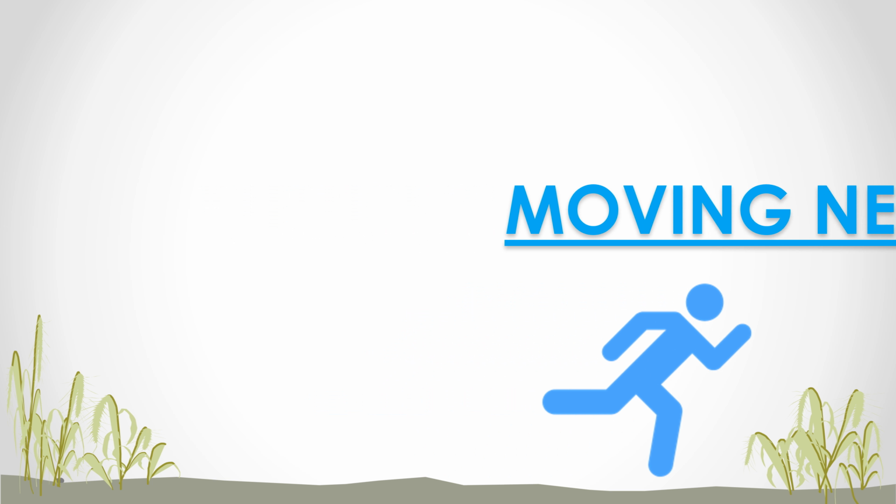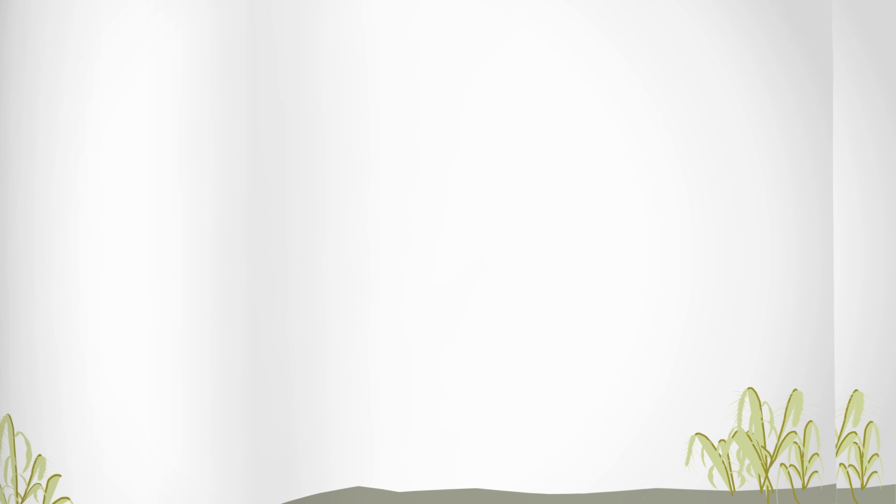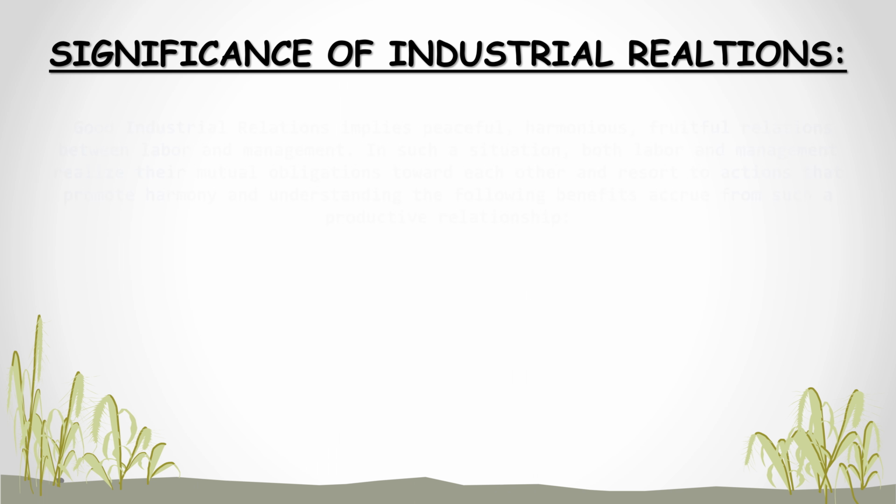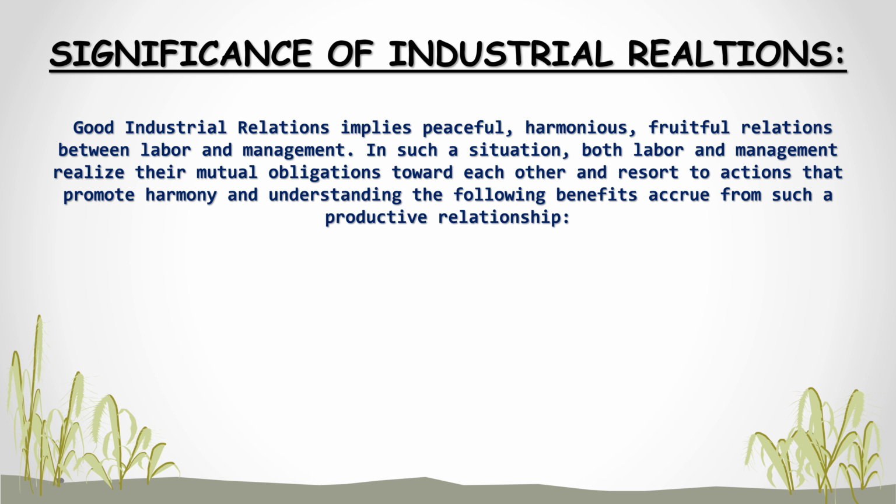Moving next. Significance of industrial relations. Good industrial relations implies peaceful, harmonious, fruitful relations between labor and management. In such a situation, both labor and management realize their mutual obligations toward each other and resort to actions that promote harmony and understanding.